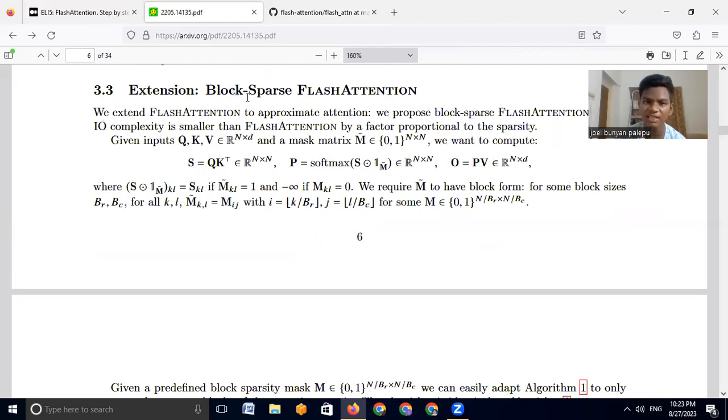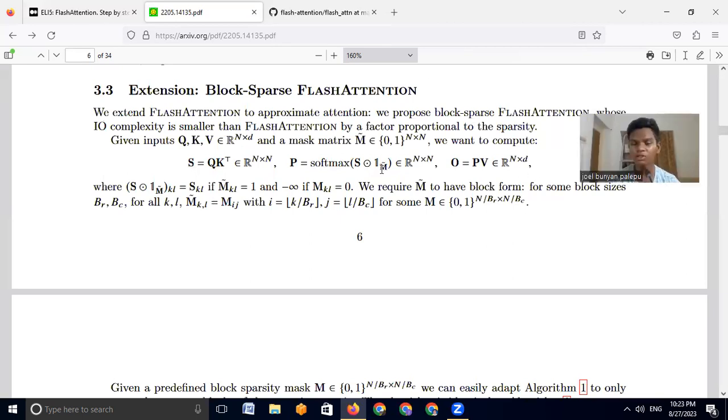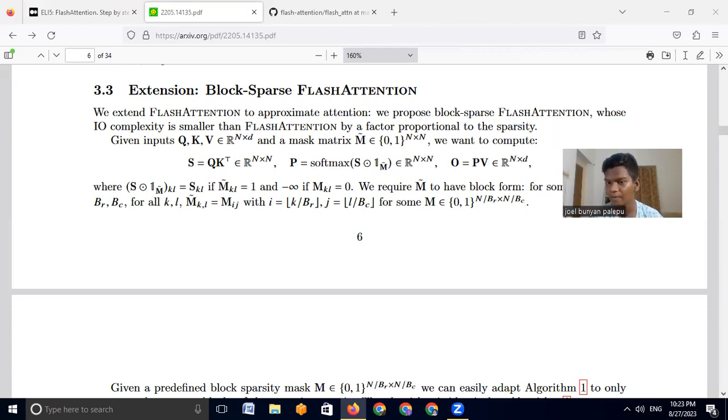And then one more extension is that we are going to use block sparse Flash Attention, in which we are going to divide the inputs into blocks, of course. Generally, in language models there is no need to attend words to words that are very far in the past.